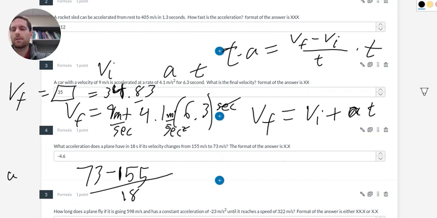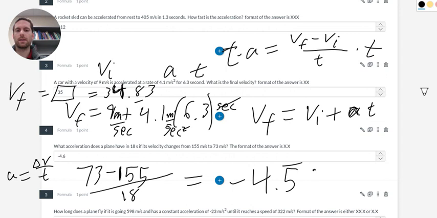A equals change in velocity over time, and change in velocity is always final minus initial. So 73 minus 155 divided by 18. Negative 4.5 repeating.